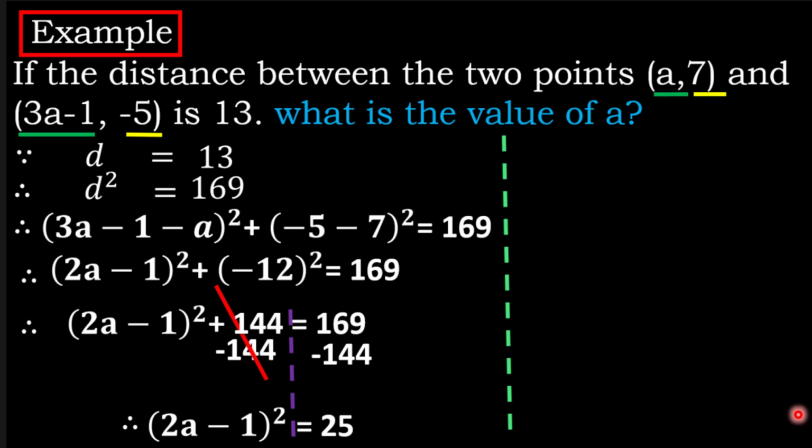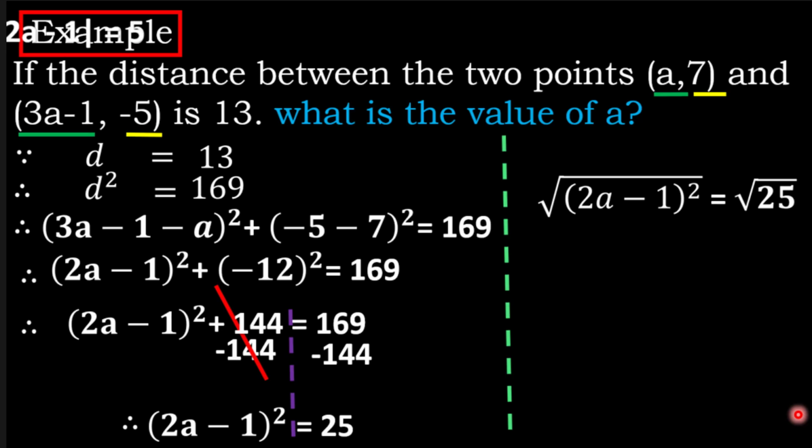To find here the value of a, just take the square root of both sides. The square root of 2a minus 1 all squared, it will be what? The absolute value of 2a minus 1 equals what? Equals 5. So we can deduce here the factor 2a minus 1 equals 5 or negative 5, because we have here a modulus.